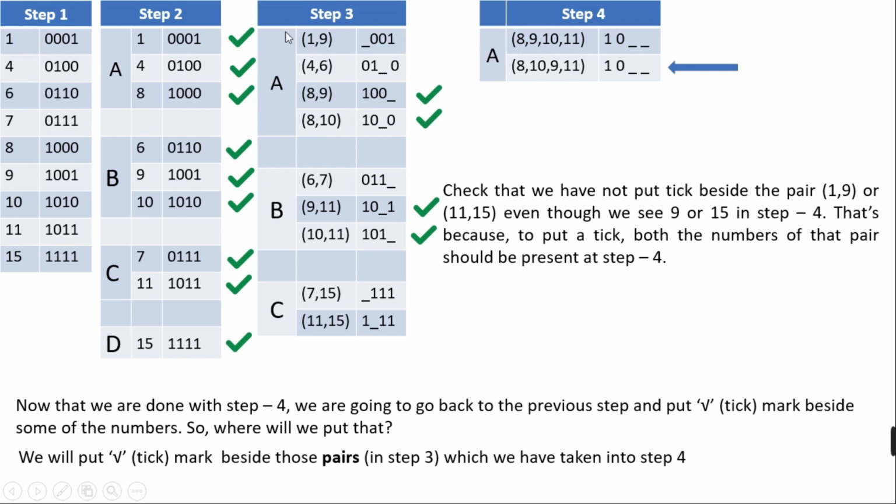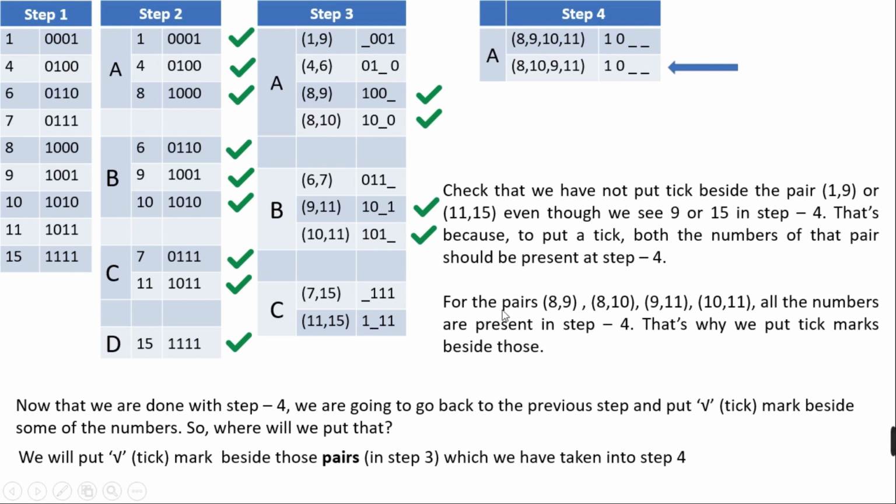Because in that pair we have only taken 9 into our step 4. We did not take 1. To put a tick mark beside a pair, you need to take both of the numbers of that pair. So for example, for 1, 9 or 11, 15, one number is taken into step 4 but not the other, so that's why we did not put tick marks beside those pairs.